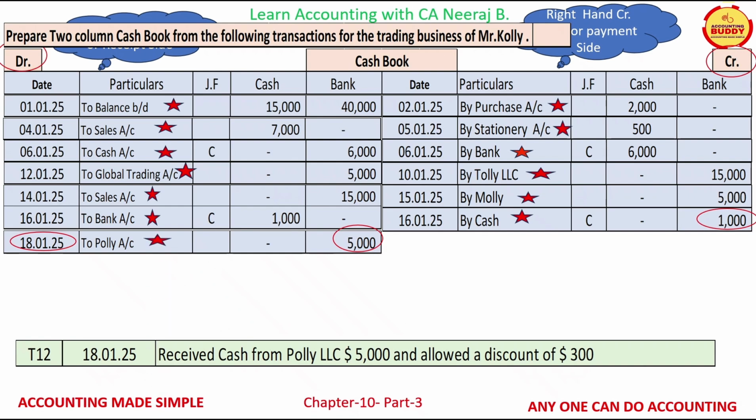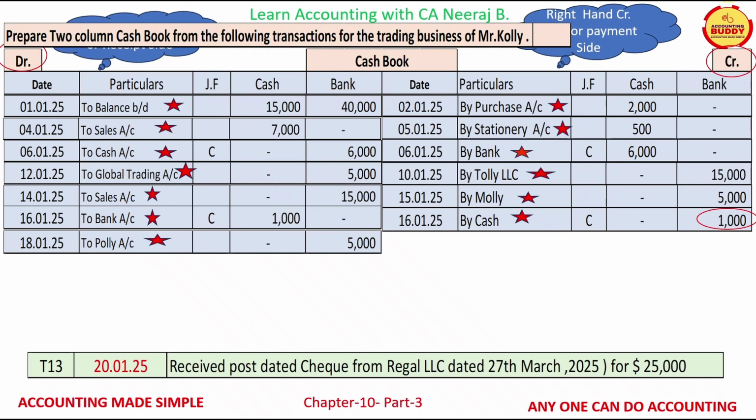The discount allowed amounting to $300, a separate journal entry will be passed. Transaction T13 is on 20th of January 25, business received post dated check from Regal LLC dated 27th of January for $25,000. This transaction will not be recorded in the cash book.